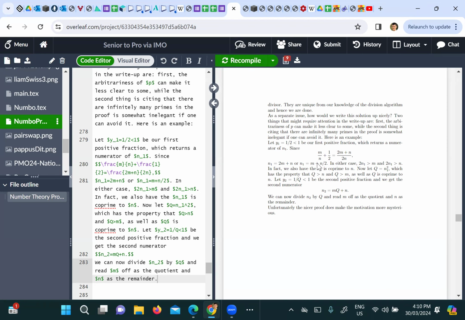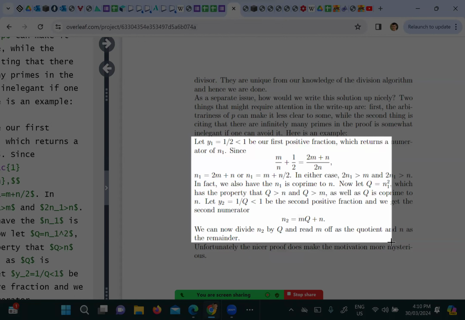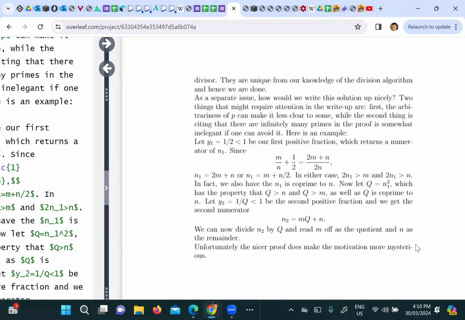So this is, put that maybe in the server.